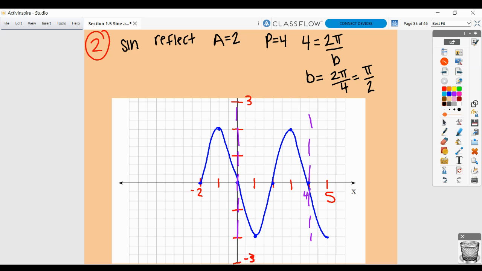Okay, so whenever you're ready to write the equation, you put your amplitude first, then your function, pi over 2x, but we can't forget about this reflecting. And that's when you put the negative in front.